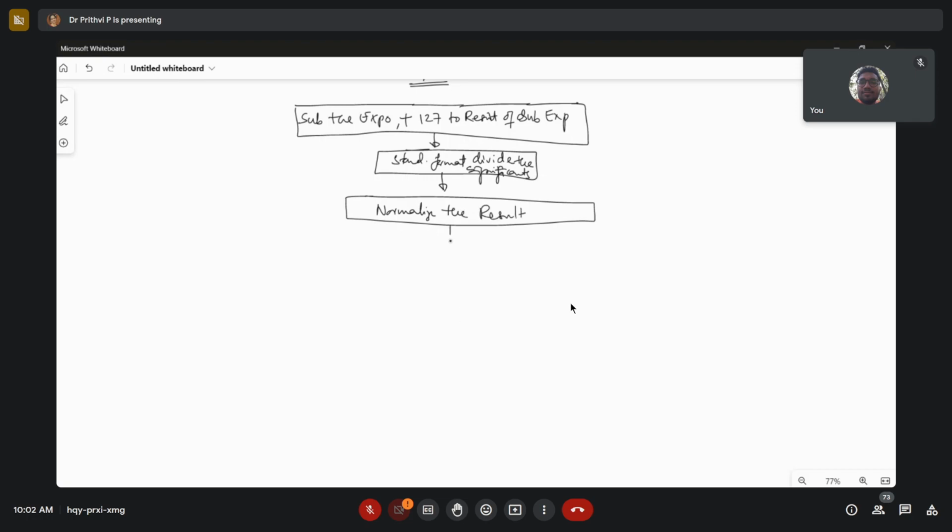Next, we have to check whether there is an overflow or underflow. If there is overflow or underflow, we need to handle it by adjusting the mantissa and the exponent portion separately.